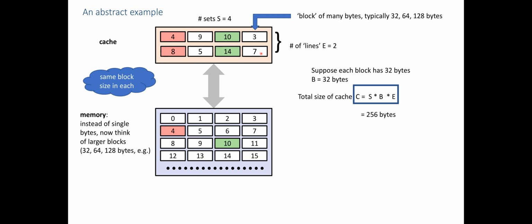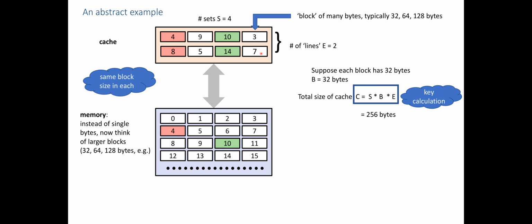This is going to be an important little calculation that you're going to need to use later on. So just remember that. This is a key thing. You're often given the size of your cache C, and maybe the block size and the number of lines, and then you have to go back and compute how many sets that refers to. You're going to be doing that later on in the activity that follows this presentation.